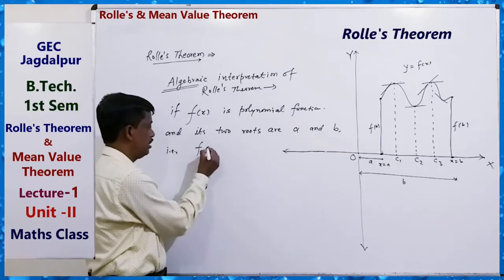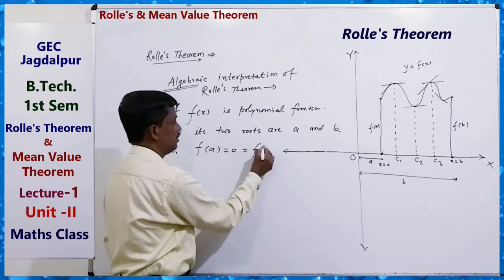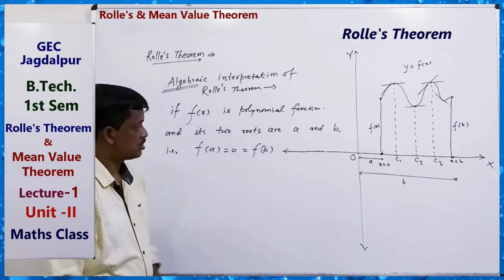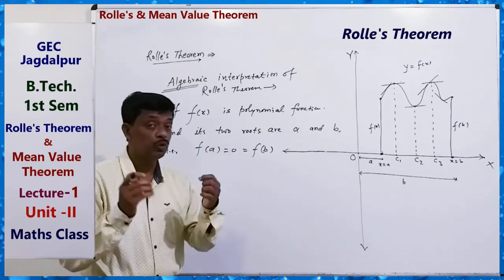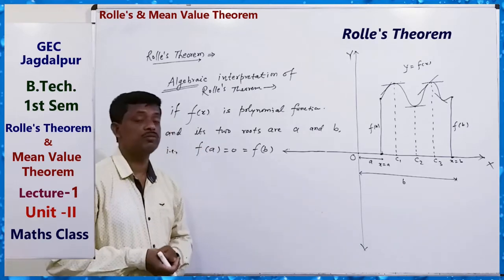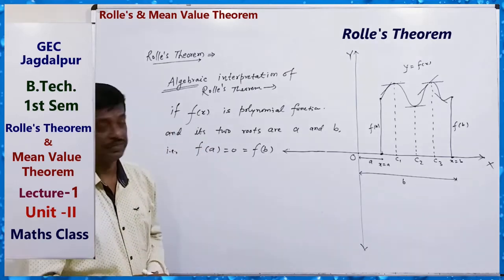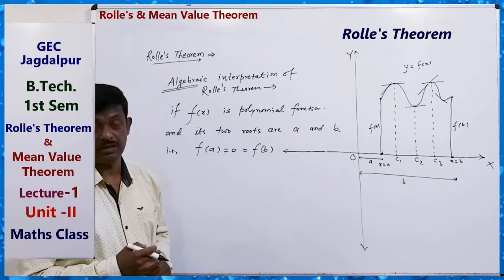Roots means f(a) equals 0 and also f(b) equals 0, because a and b are roots. This is a polynomial function and we know that every polynomial function is continuous. Every polynomial function is also differentiable.